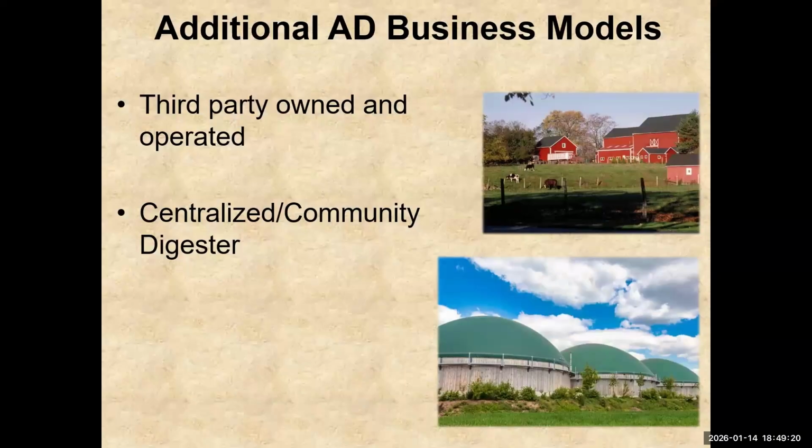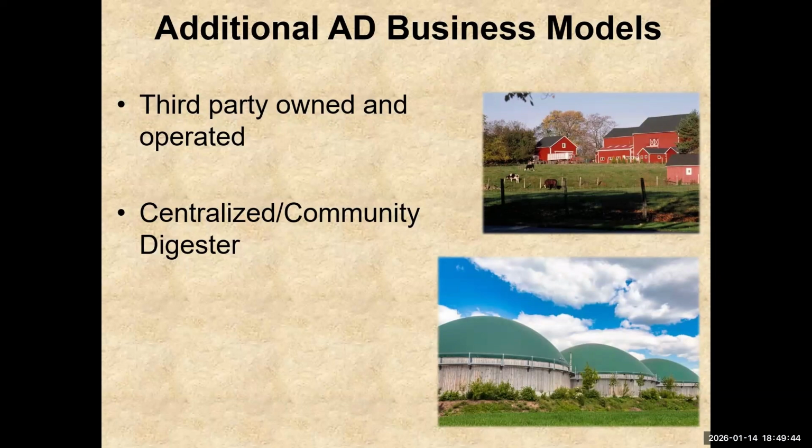All right, so beyond diversifying revenue streams and co-digesting, livestock farms are considering other business models to make anaerobic digestion a viable technology for them. So I do want to point out two additional business models for anaerobic digestion.